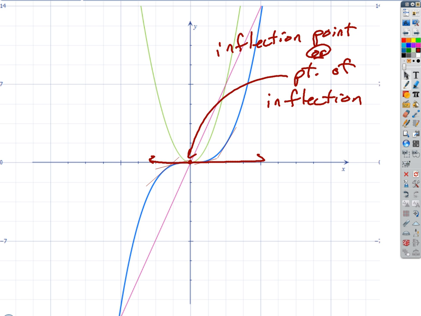What we'll find is that inflection points have important value because we call them points of diminishing returns. When you're talking about profitability, sure you want to be profitable, but you hit a point where you don't want the rate of change of your profitability to start to decrease, because that's what's called a point of diminishing returns.